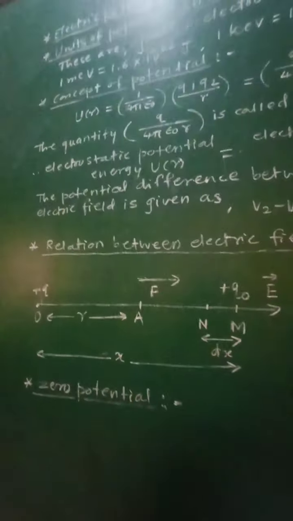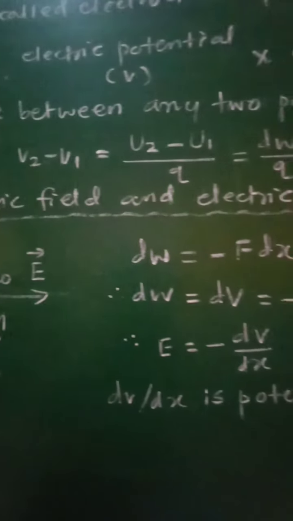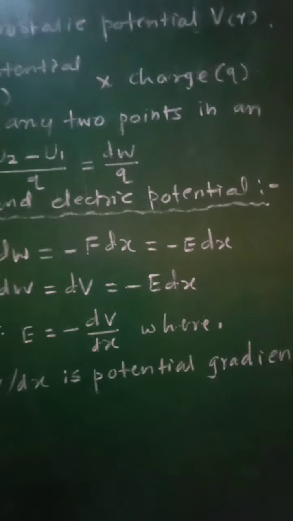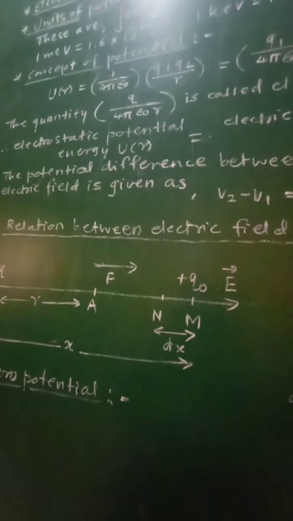And now let us see the relation between electric field and the electric potential. How the electric field and electric potential, both these terms are related, that we will have to study.